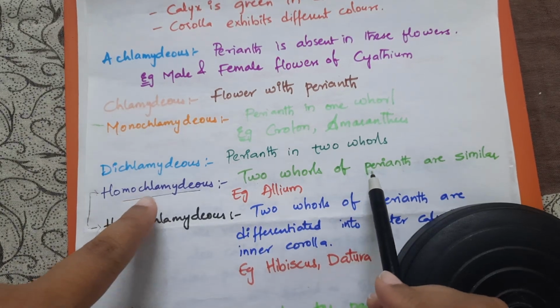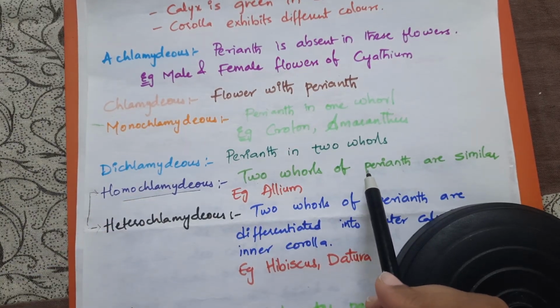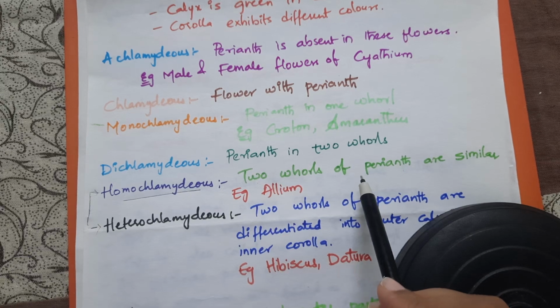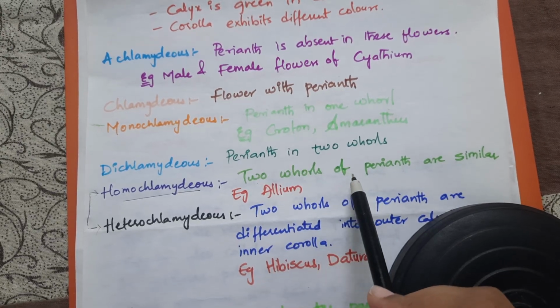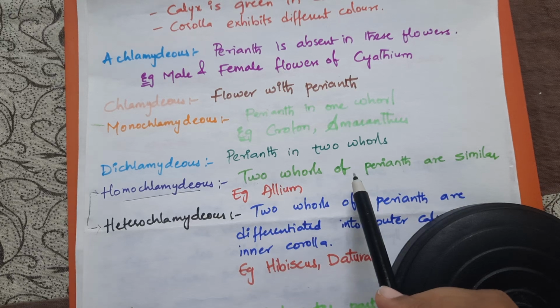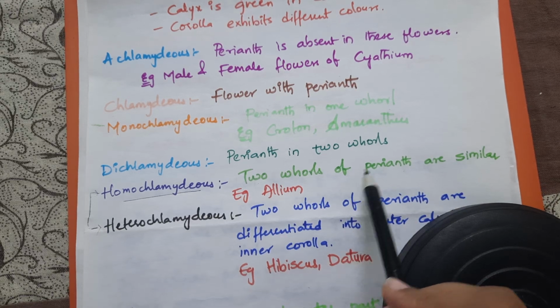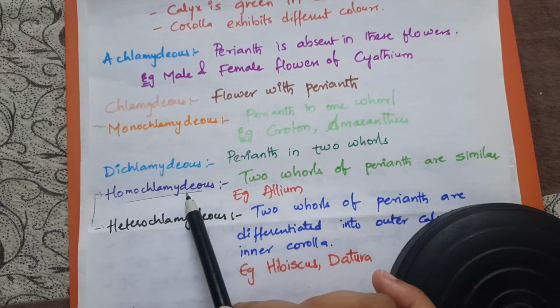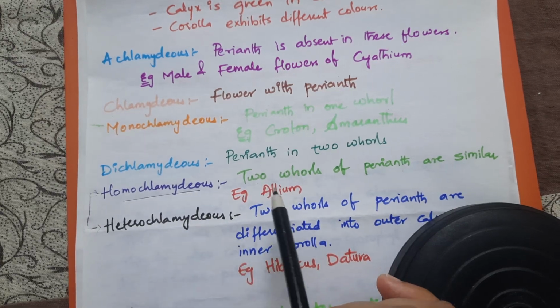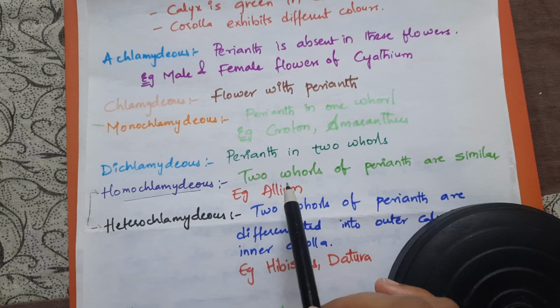Here we cannot differentiate them into calyx and corolla, even though there are two whorls, because they are similar. That is the homochlamydeous condition, which is seen in Allium, that is, onion.